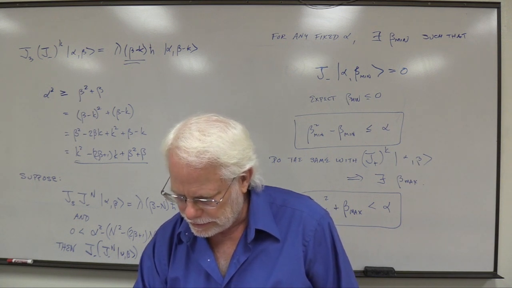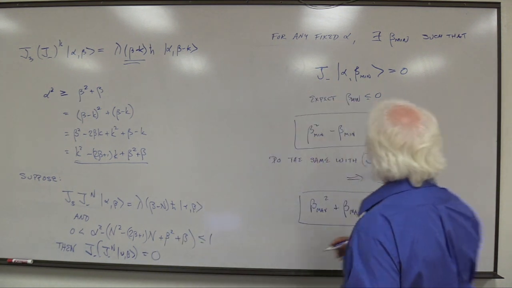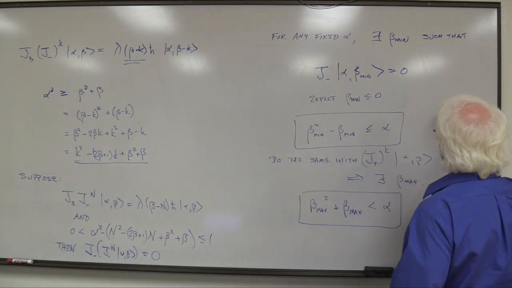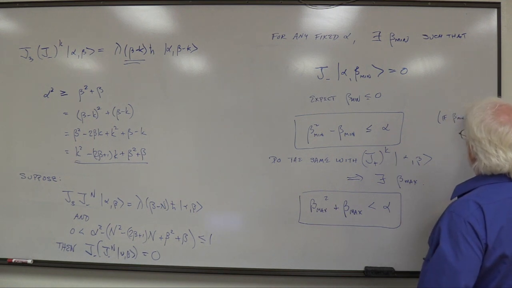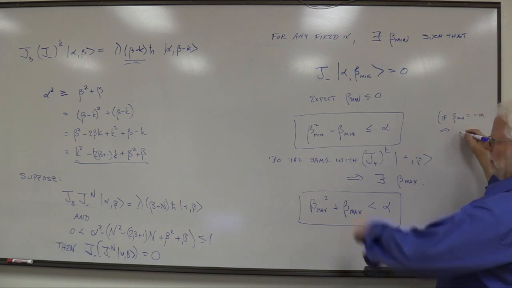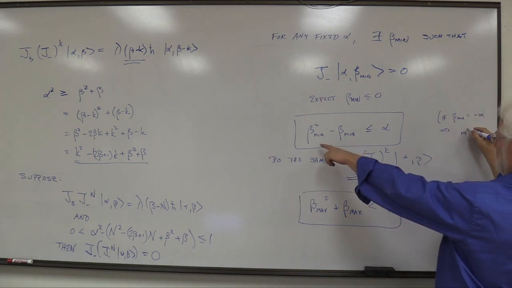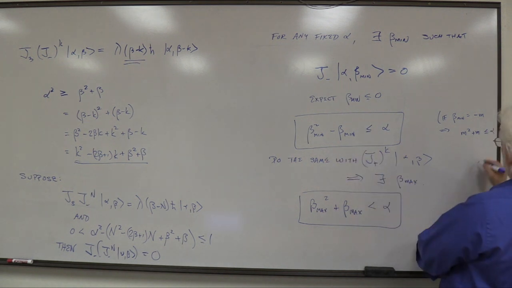But now, let me see. Okay, I'm going to need to remind myself of this argument. But notice if beta minimum is minus some integer m, then we're going to have m squared plus m less than alpha.